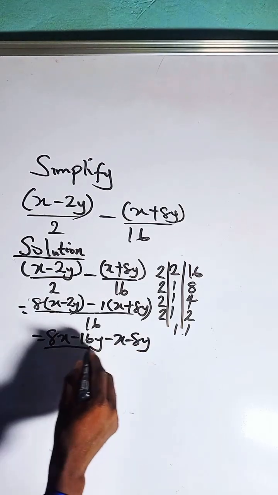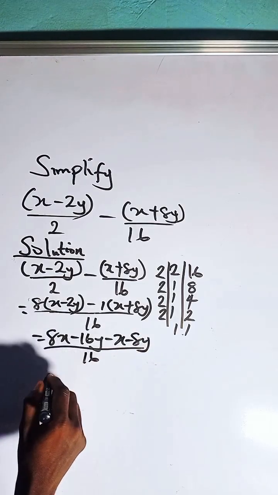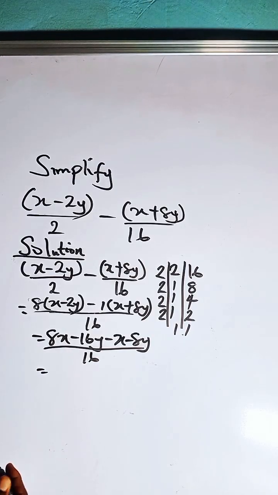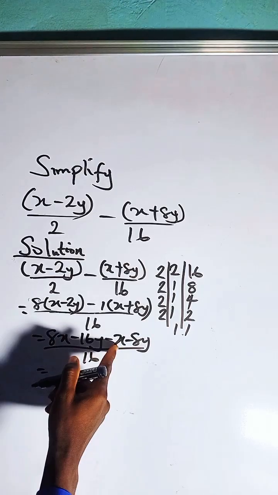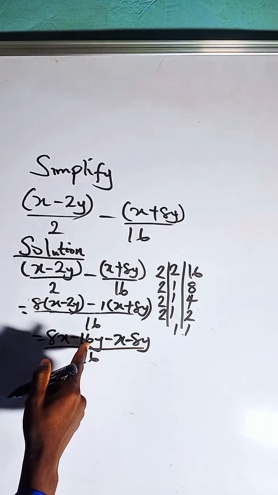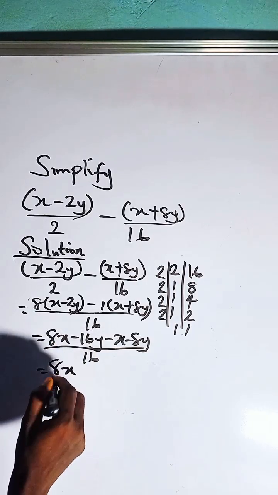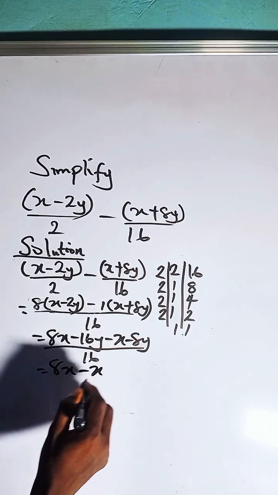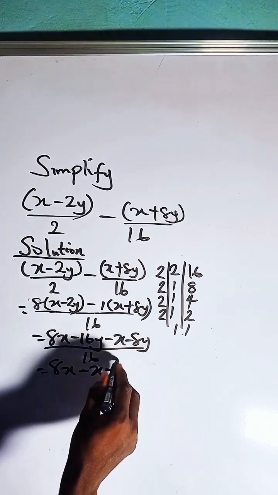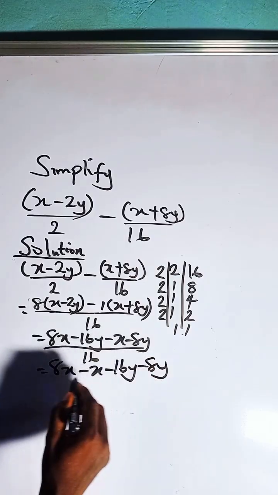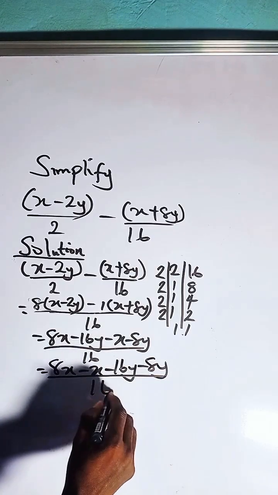Over 16. What we can do is collect the like terms. For the x terms, 8x minus x, and for the y terms, minus 16y minus 8y, over 16.